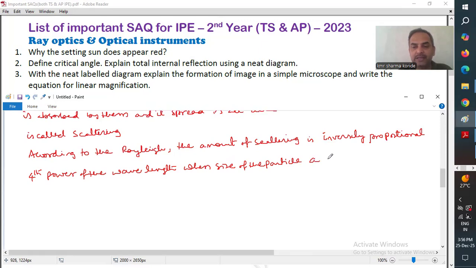So it means that a, the size of the particle, is much less than the wavelength.